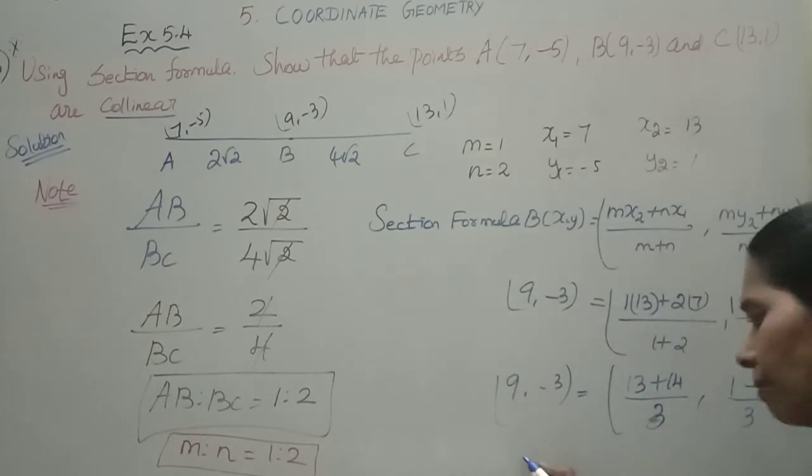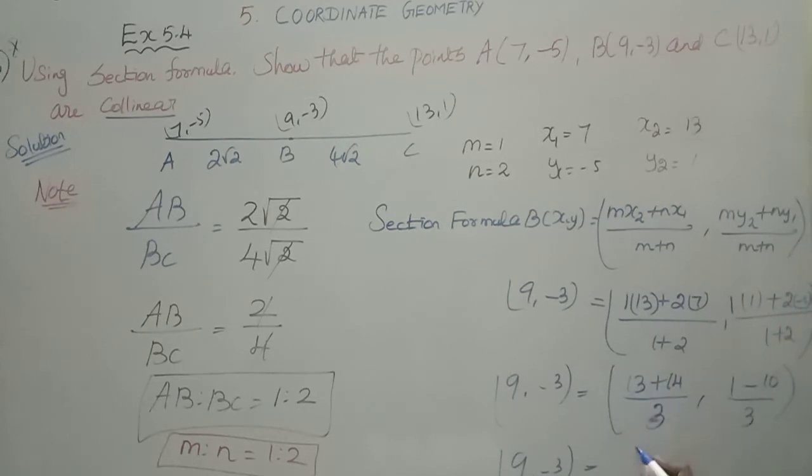So B of x comma y is equal to 27 by 3 comma minus 9 by 3. Okay, so I am getting 27 by 3, 9, minus 9 by 3, minus 3. So I am getting B of x comma y the same answer.